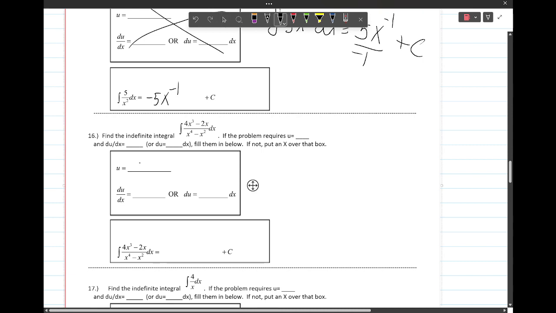Okay, so this is a good time to look at something. We notice here we have a polynomial with 2 terms. Here we have a polynomial with 2 terms. It would be good to check and see if we can integrate this.